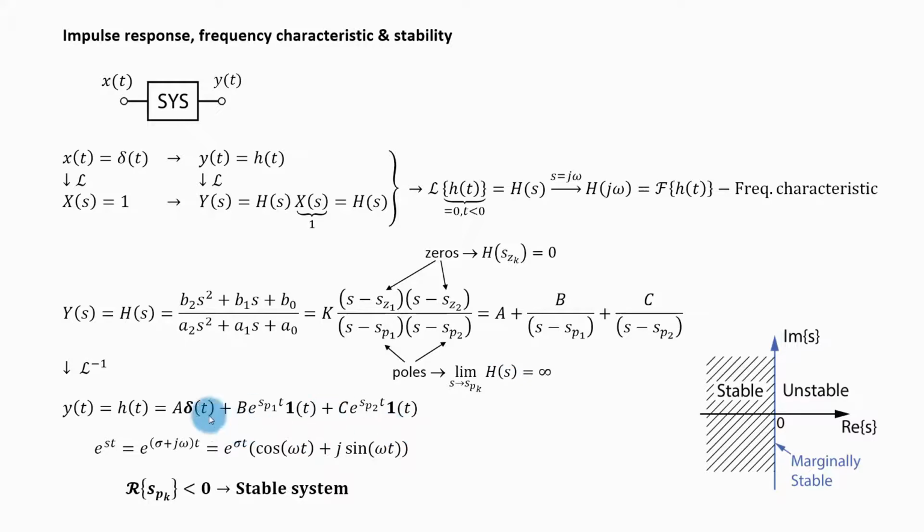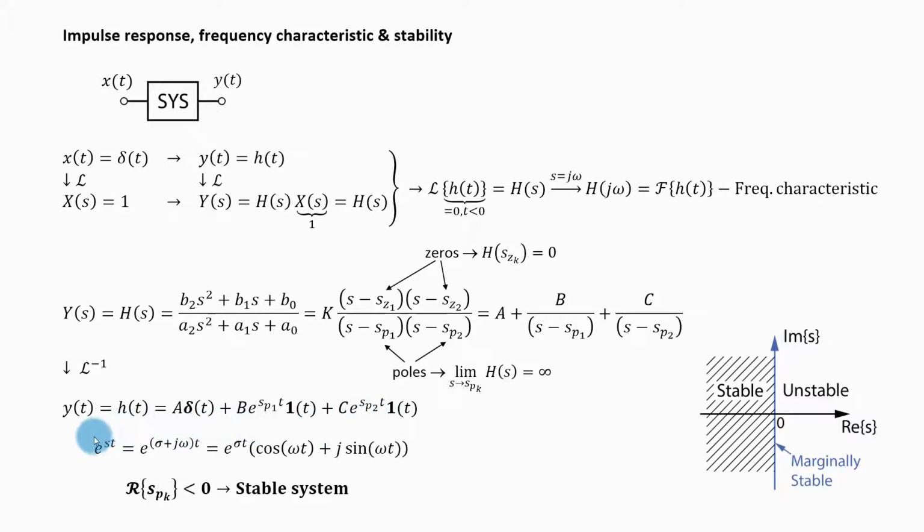So this is my impulse response. Now, for the system to be stable, I need its impulse response to be stable. I need this impulse response not to diverge to some infinity. And that will happen only if the real parts of these poles, sp1 and sp2, are negative.